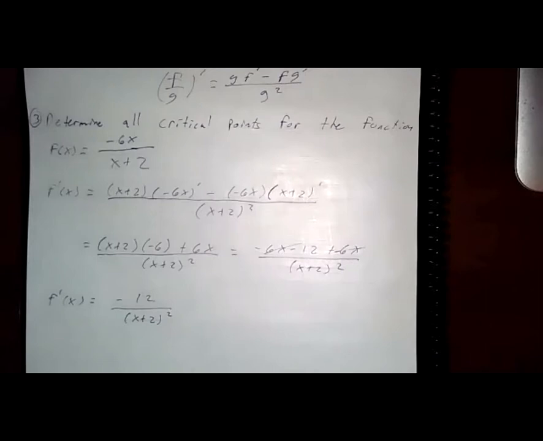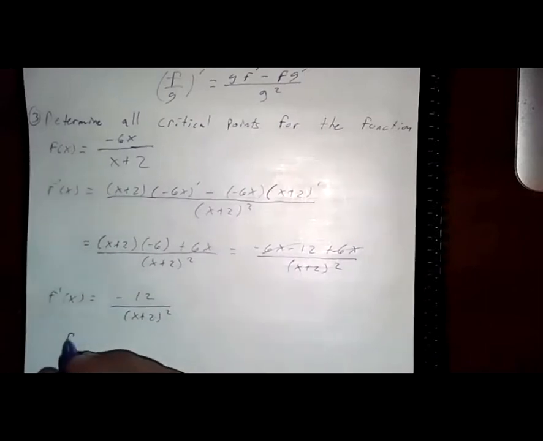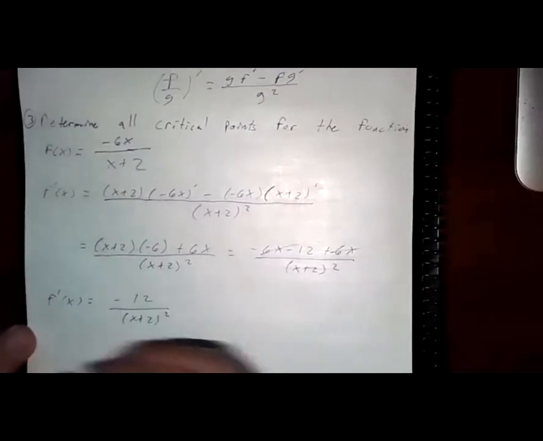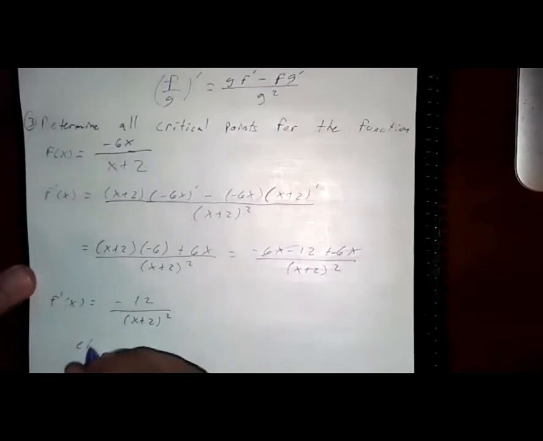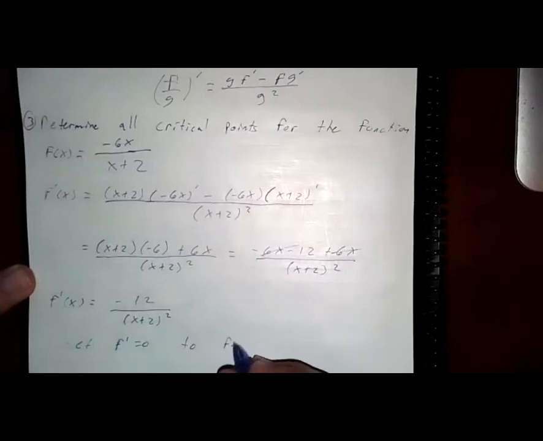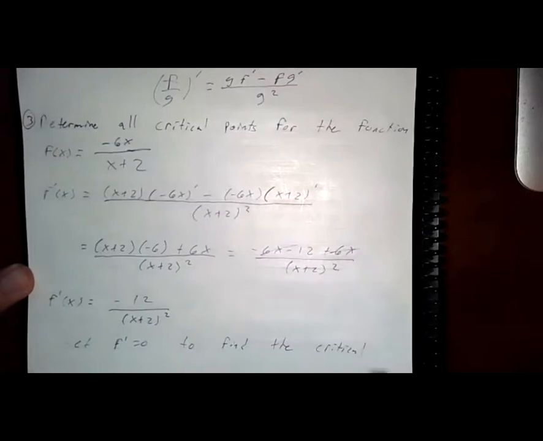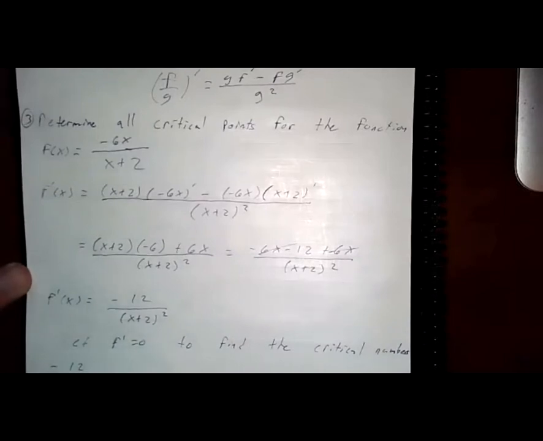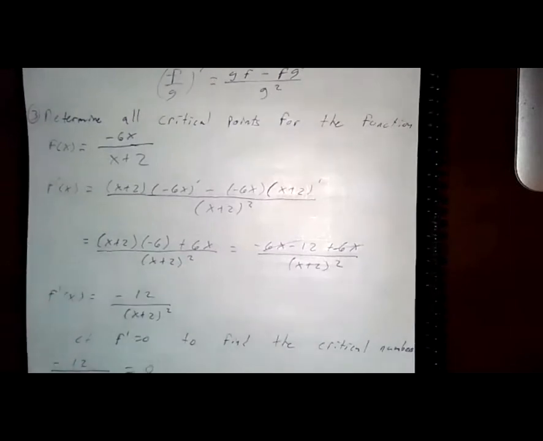Does this have any critical values? Remember we have to set f prime to 0 to find the critical numbers. So that would give us negative 12 over x plus 2 squared equal to 0.